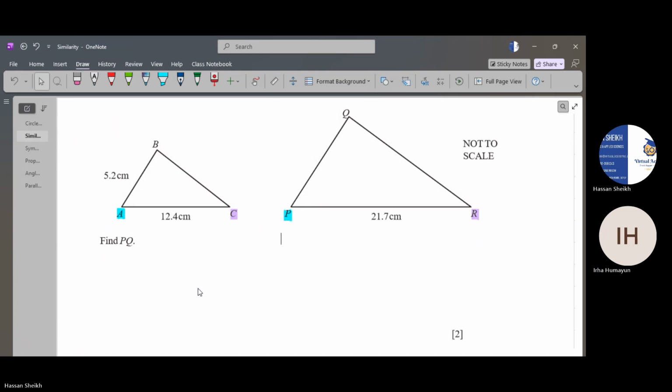So, which formula do we use? Number one, two, or three? L1 over L2 equals H1 over H2. Exactly. Although there is no height, you don't need to worry. The formula will work for every one-dimensional unit, okay?